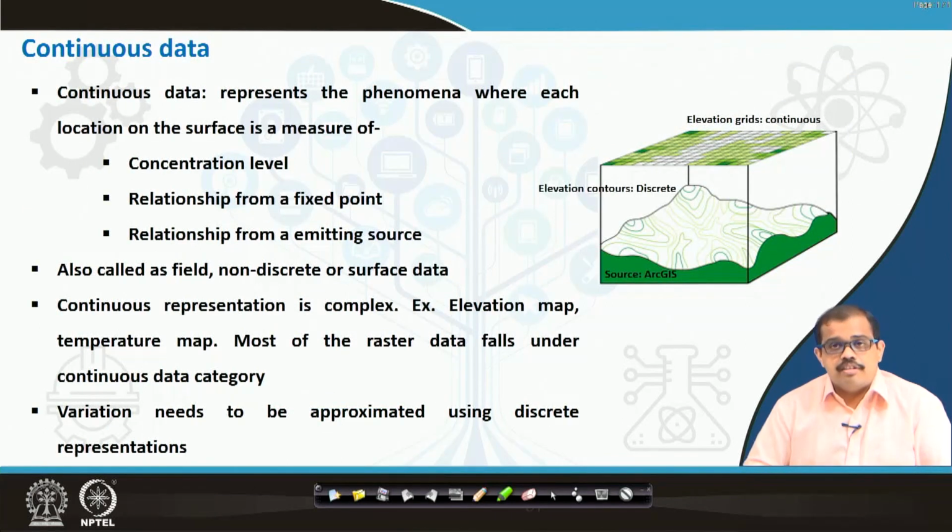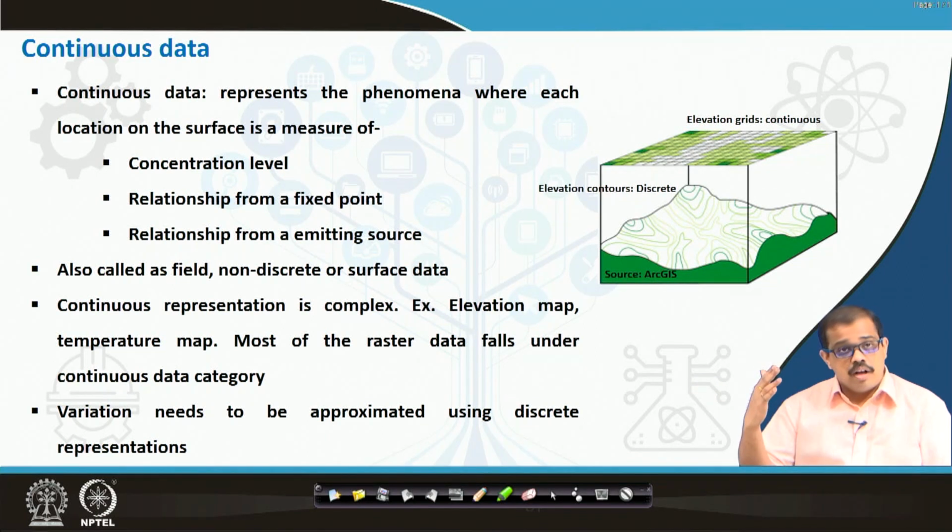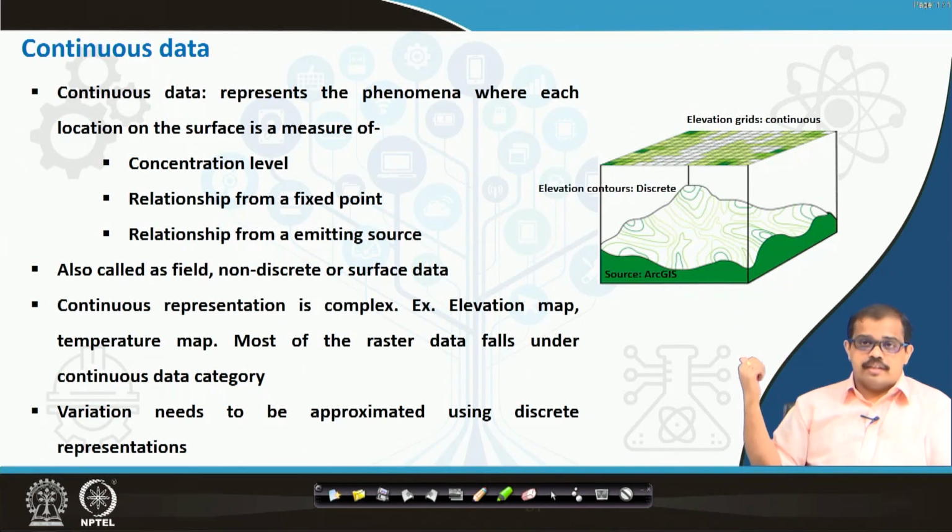When you look at continuous data, I just spoke about the elevation part of it. If this is an elevation map, you can look at the elevation as continuous grids. This is nothing but continuous data. It represents a phenomenon where each location on a surface is a measure of maybe a concentration level, or maybe relationships from a fixed point or from an emitting source.